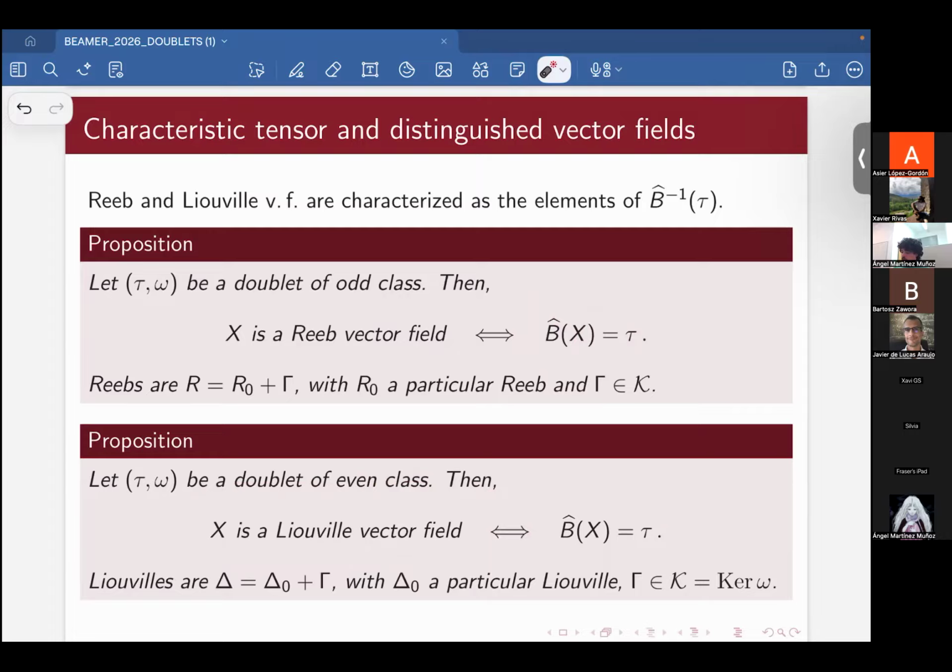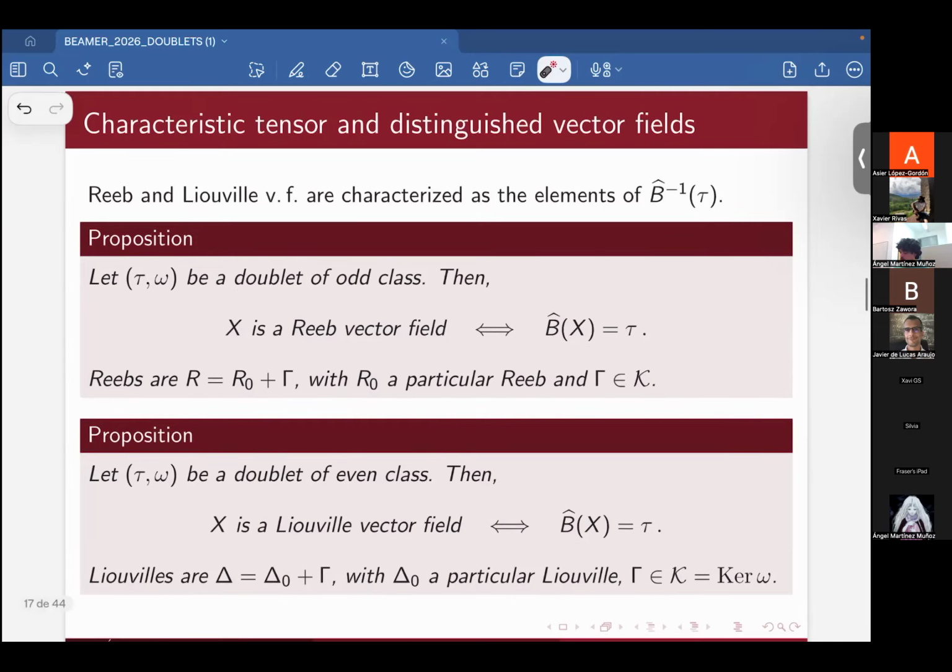As I've written down here, Reeb and Liouville vector fields are characterized as the elements of the pre-image, because this is in general not an isomorphism, the pre-image of B with tau. So in this way, this characteristic tensor field gives you both distinguished vector fields at the same time, just as the pre-image of this thing. This also tells you that these two vector fields are in a way analogous to each other, related to each other more closely.